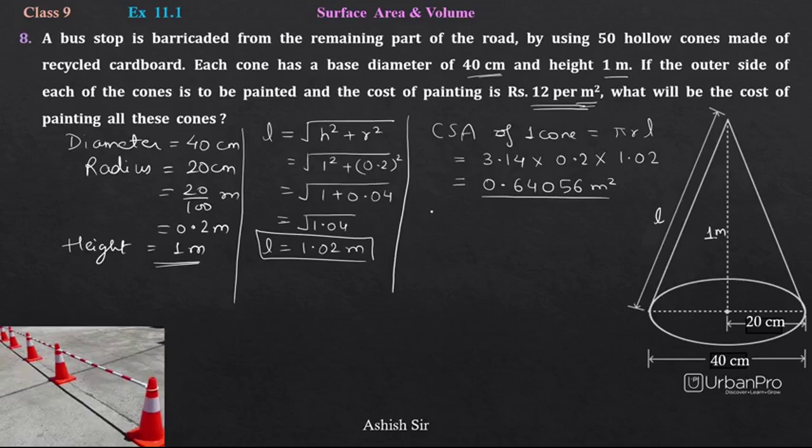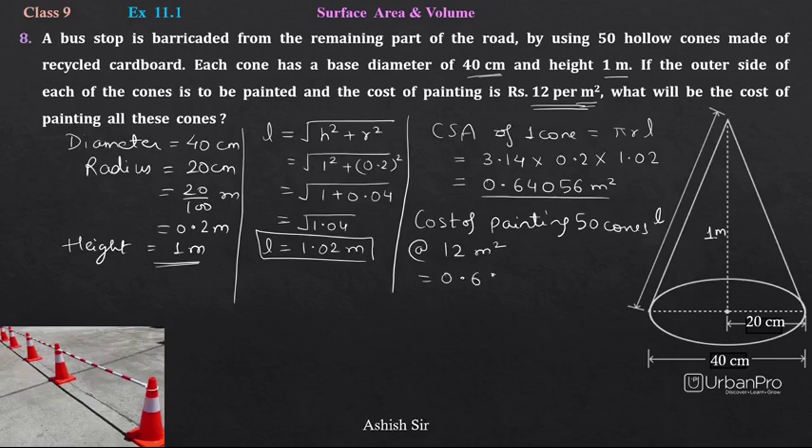Now first of all, we find the CSA of 50 cones because we need to paint 50 cones. So the cost of painting 50 cones at the rate of rupees 12 per meter square. So the CSA of one cone is this.